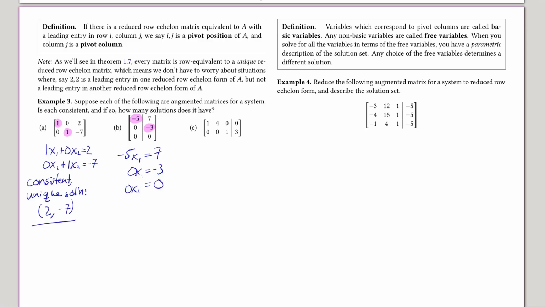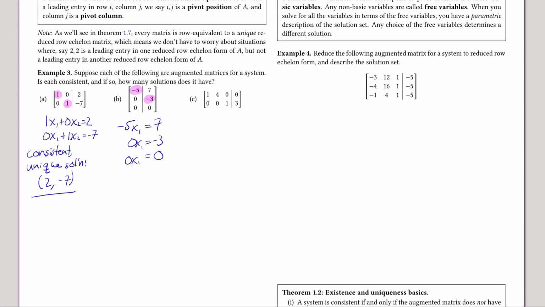Now, is this consistent? You could make the first one true because x1 could be -7/5, -1.4, and that's fine. But that's not going to make the second one true. There's no way to make 0x1 equal -3. So this automatically has no solution.